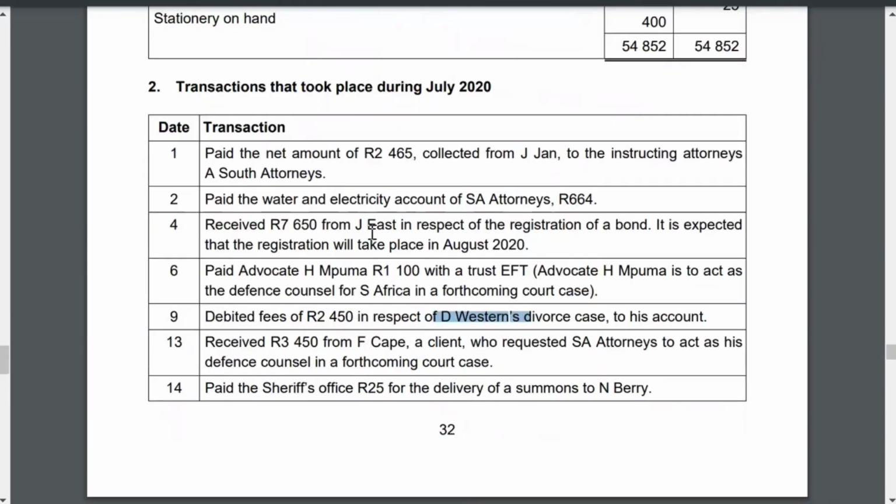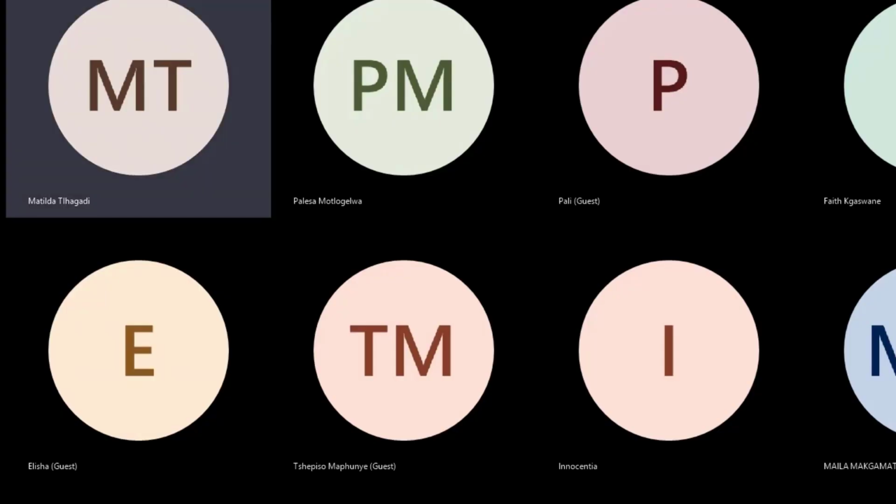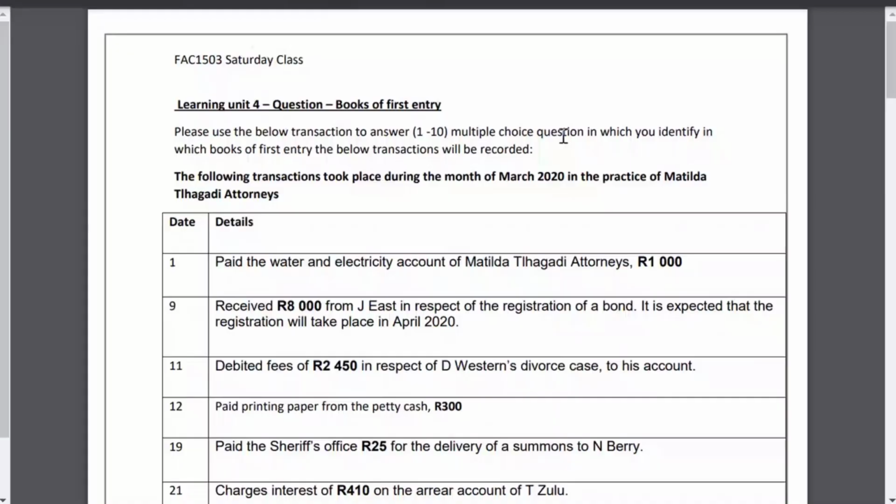So be able to read these transactions. You must be able to read the transactions attentively.